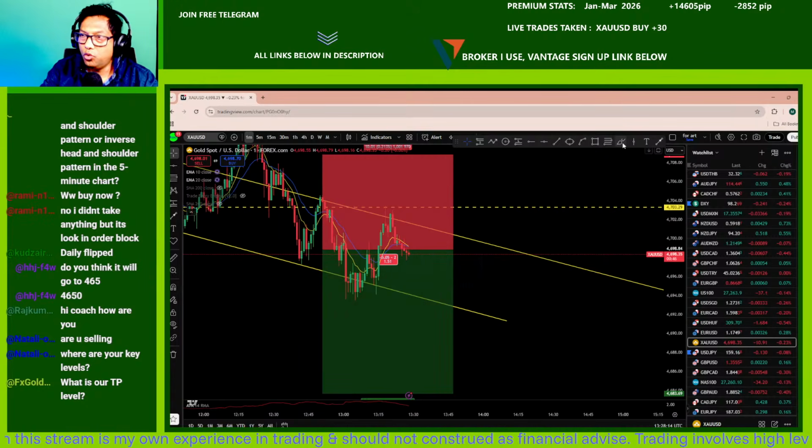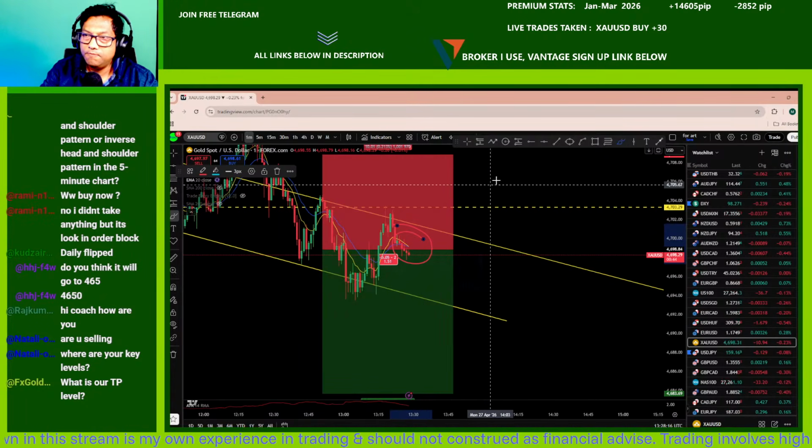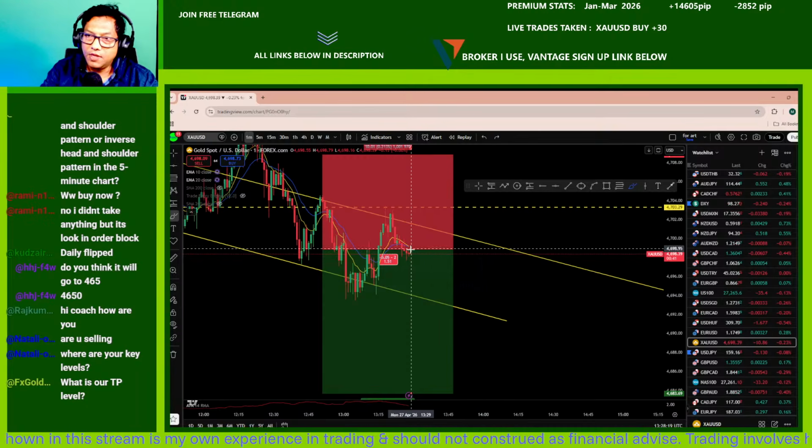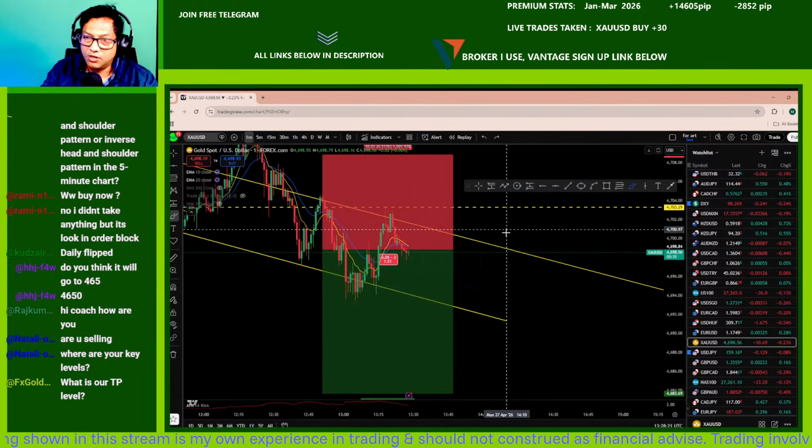Is there a narrow group of a few smaller candlesticks in this area that could bring the market lower?